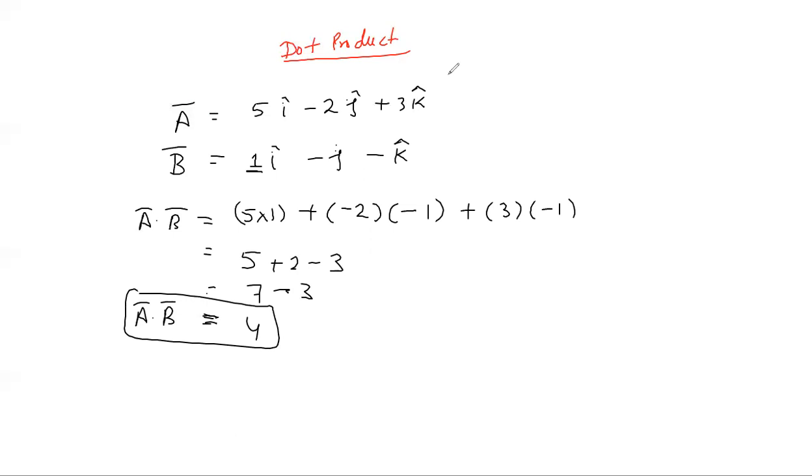Now take another example. We all know that for the x-axis we have a unit vector i cap, for the y-axis we have a unit vector j cap, and for the z-axis we have a unit vector k cap.